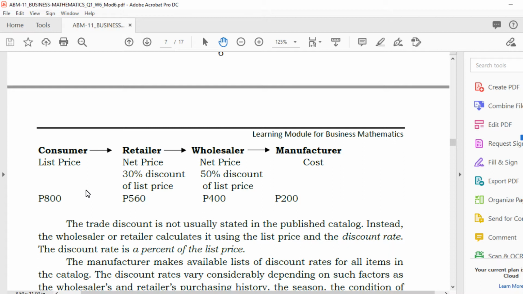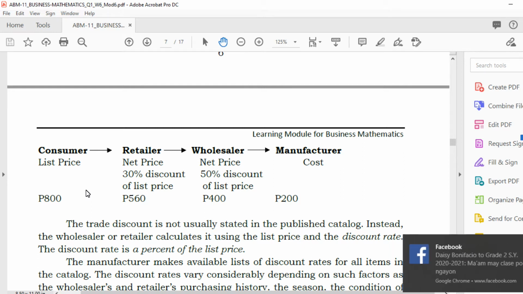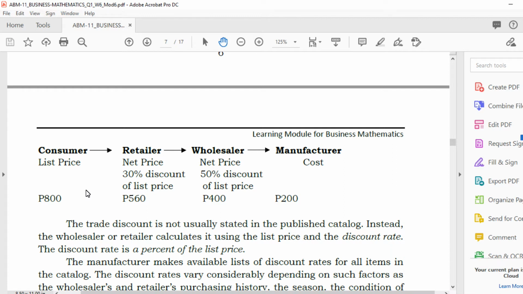Example na lang yung mga face shield, tsaka face mask. Before, konti lang ang gumagawa, nagmamanufacture. Sobrang taas ng mga face shields. Pero nung dumami, bumaba na ang presyo, kasi marami na siyang nagmamanufacture.